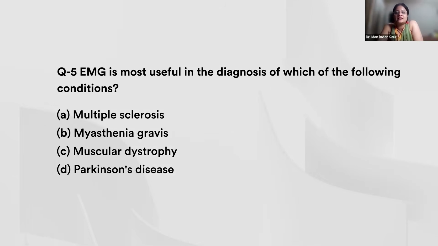That shows the decremental response in myasthenia gravis and incremental in Lambert-Eaton. Multiple sclerosis is a central nervous system demyelinating disease involving multiple nerves. So EMG is going to be the pinpoint diagnosis for muscular dystrophy, right? So the answer here would be muscular dystrophy.